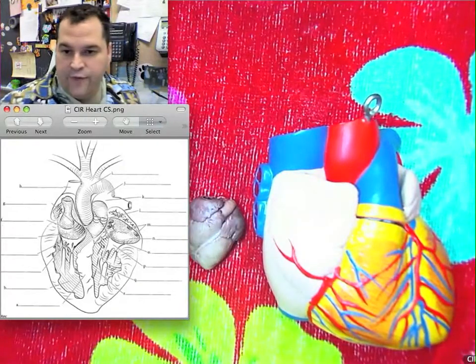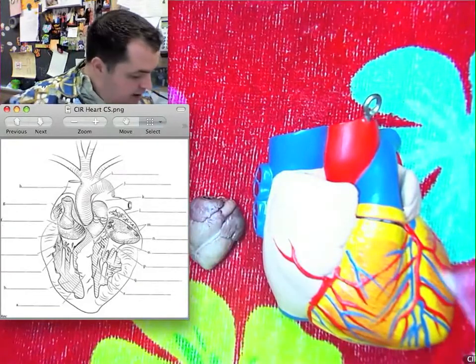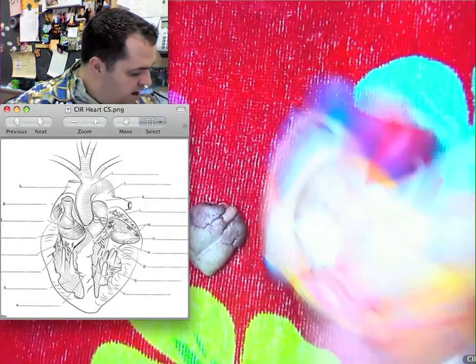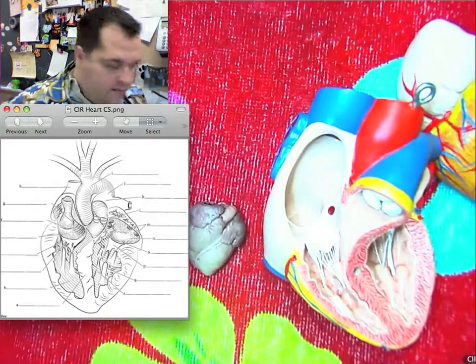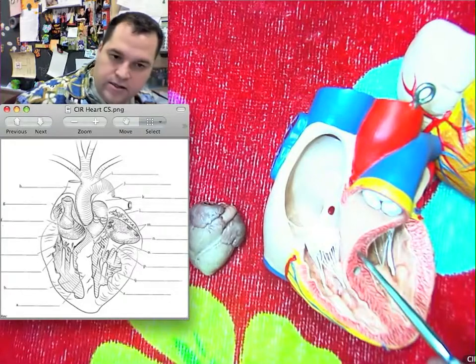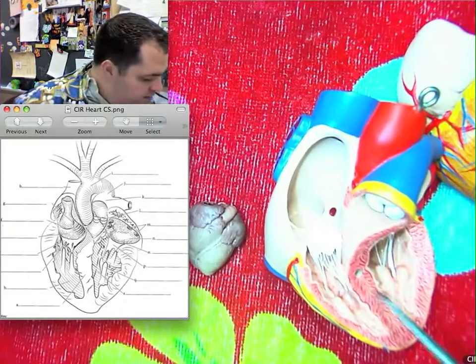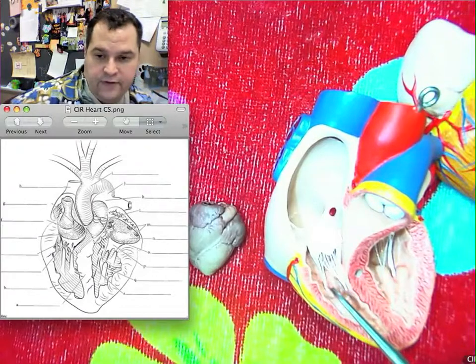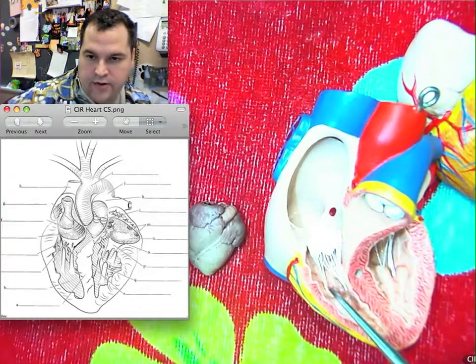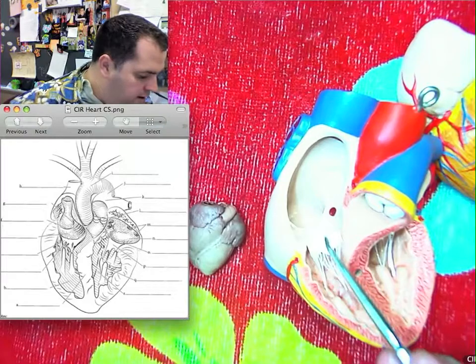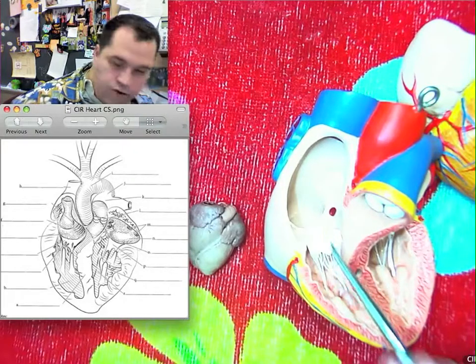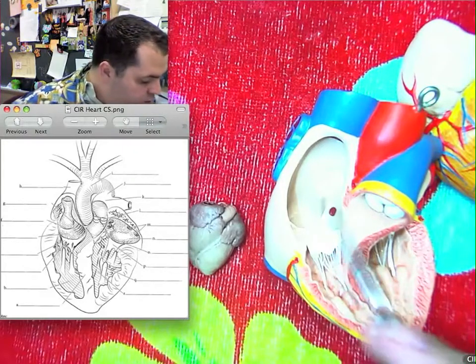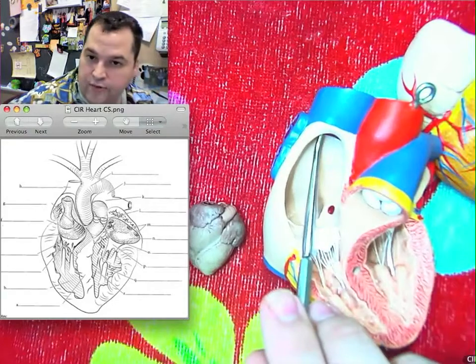So, if we look here, the letter A, which is down at the bottom of your diagram, is pointing at the septum. The next letter B is pointing at the right ventricle, and of course as we go up, we've got the atrioventricular valve, we've got the aorta, we have the inferior and superior vena cava.